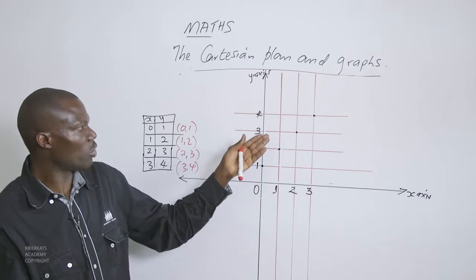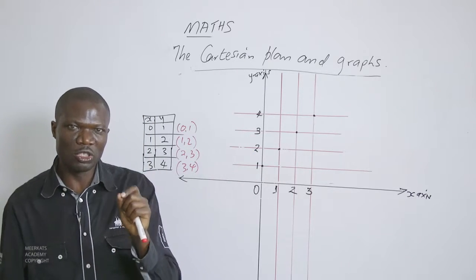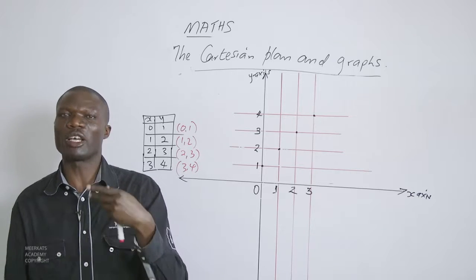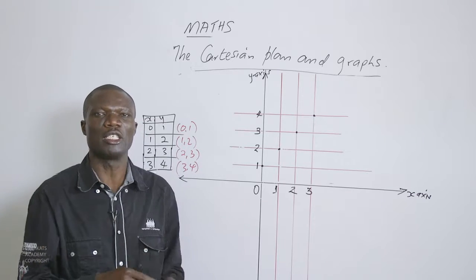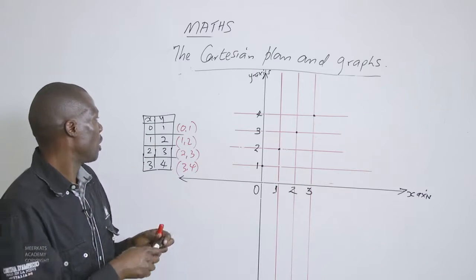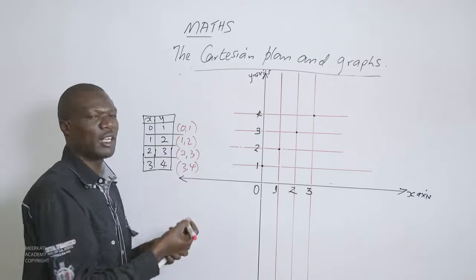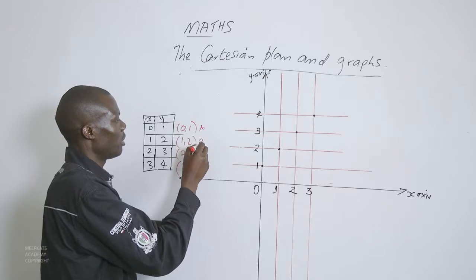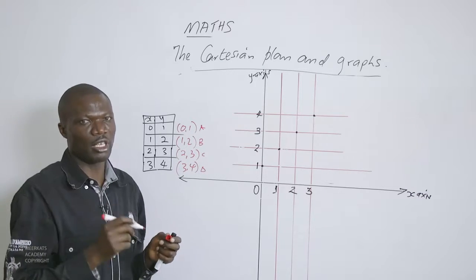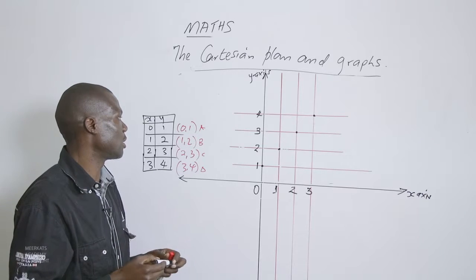Now, because we have plotted the points, sometimes it is good to label those points so that we know that this point is the A, or so on. So if it was necessary, we would assign a letter to every coordinate. Maybe the first one would be our A, our B, our C, and D, so that we know where A is, where B is, and where C is, and so on.